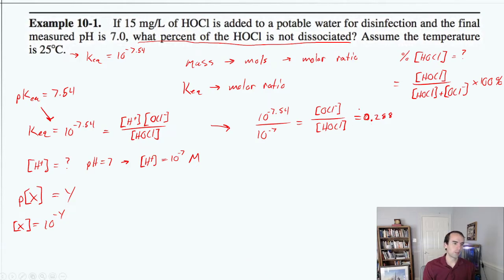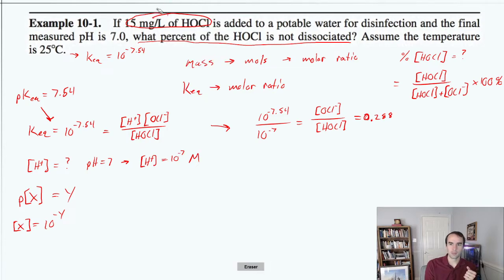Now, if you wanted to, you could take the milligrams per liter here and solve for how many moles of each you're going to have. Or really the best way would be to solve for the total, HOCl plus OCl minus. The total here, this 15 milligrams per liter, is the total that was added.